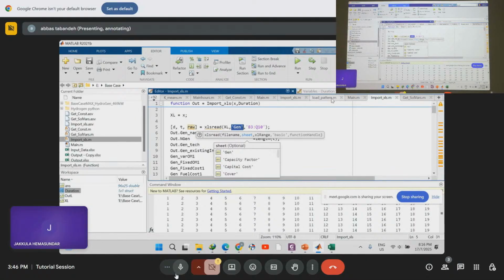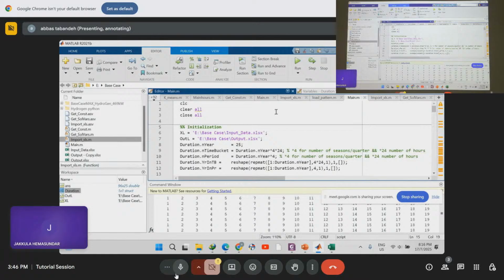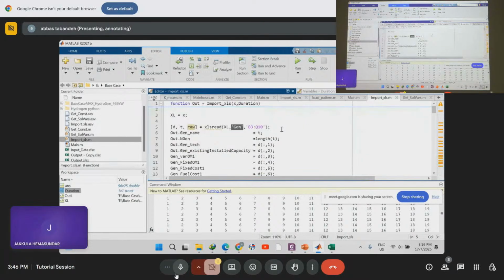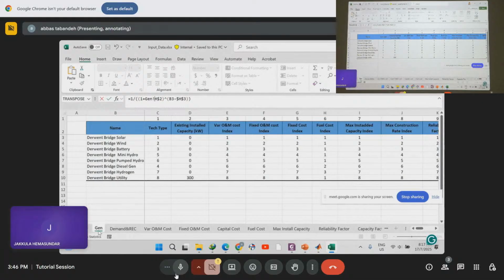XL is the directory, this directory. And we have selected B3 to Q10.